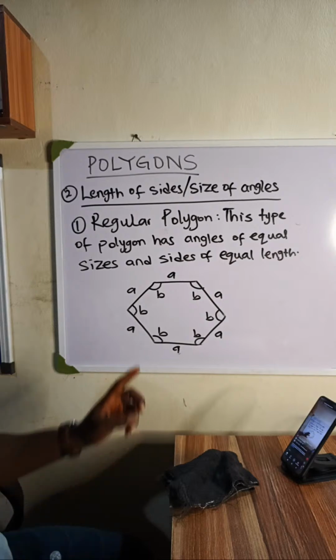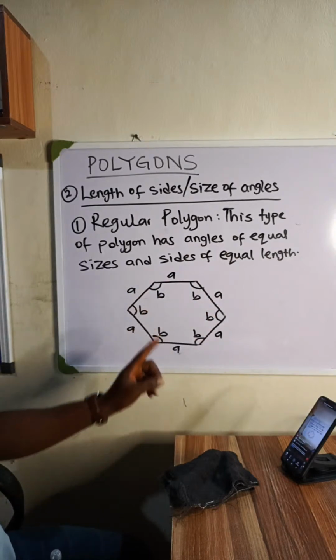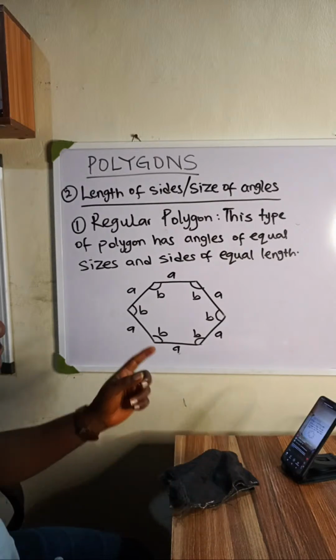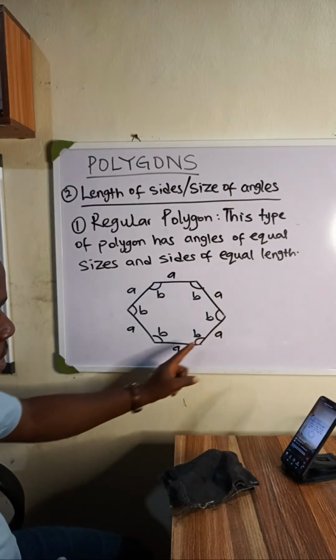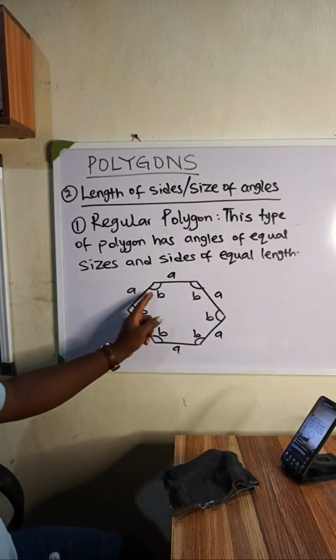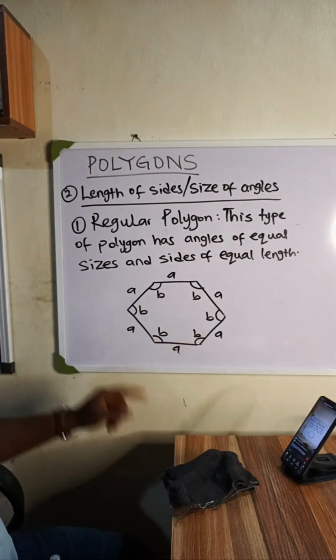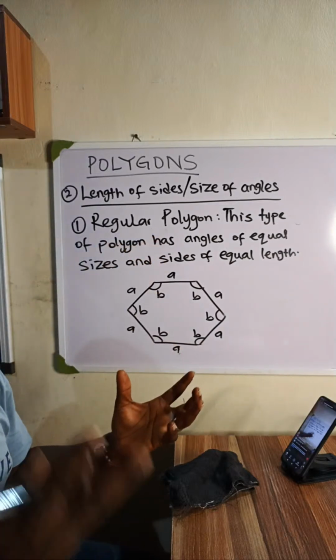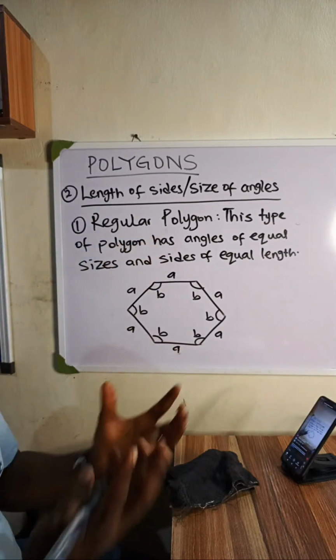Because we've counted the sides, we've seen that it has 6 sides, therefore it is a hexagon. Next, we saw that each of these sides are the same and each of these angles are the same, therefore it is regular. So combining regular and hexagon, we have a regular hexagon.